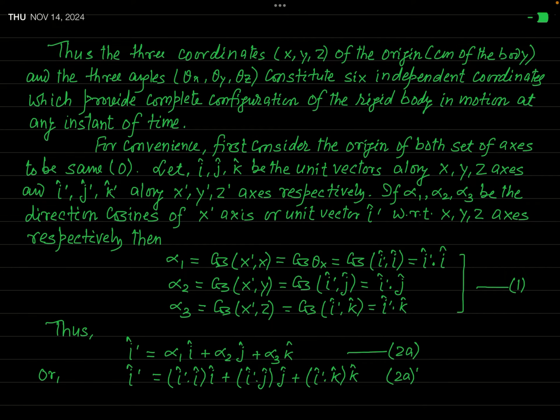And for this we consider that alpha 1, alpha 2 and alpha 3 are the direction cosines of the x dashed axis. What does it mean?